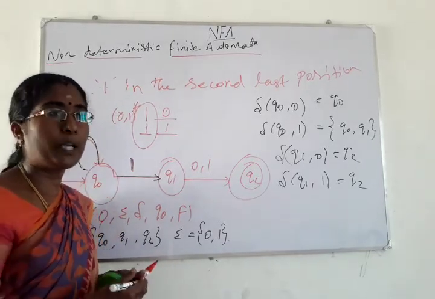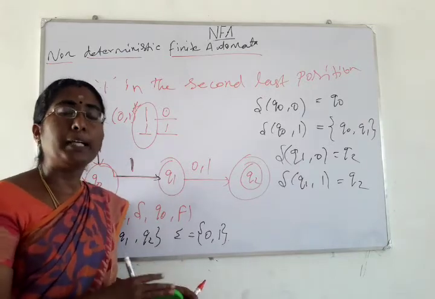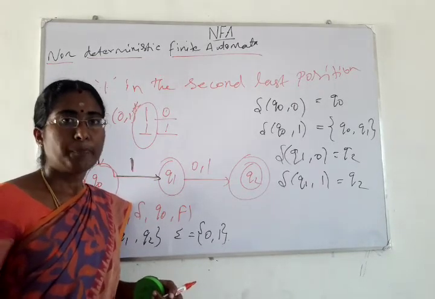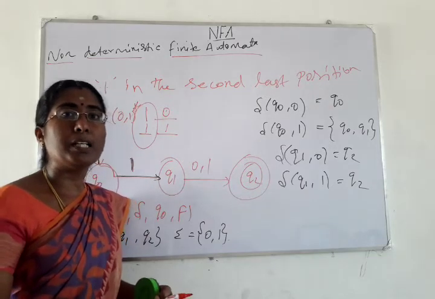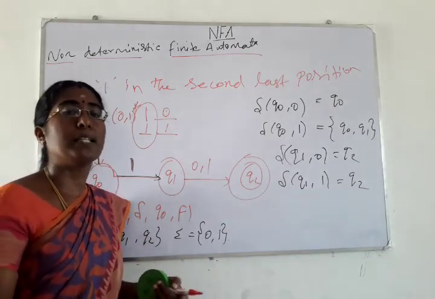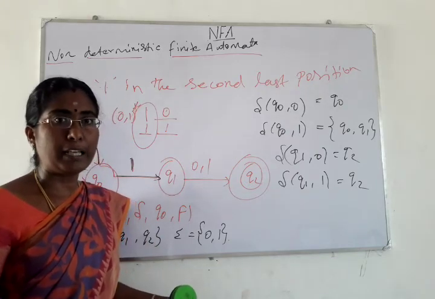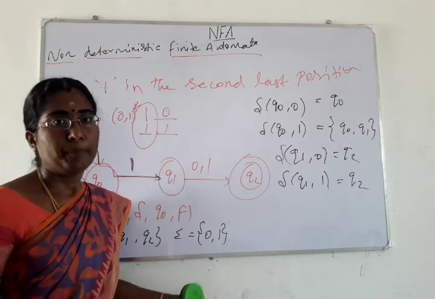Transition function means each and every transition leads to only a single state in a DFA, but in an NFA it leads to 0 or 1 or more states. That is the first major difference. And the second one is that a DFA has an exponentially larger number of states than an NFA. An NFA has fewer states than a DFA, right? This is the formal definition of an NFA. Thank you.